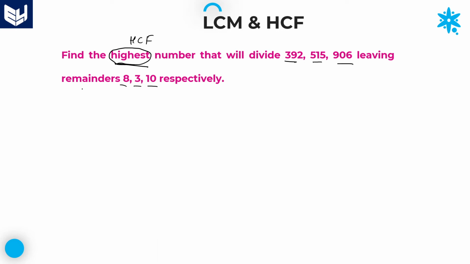Now, these are the given numbers. Let us take x, y and z, and the respective remainders are r1, r2 and r3.